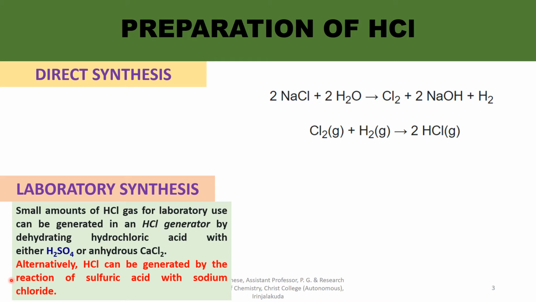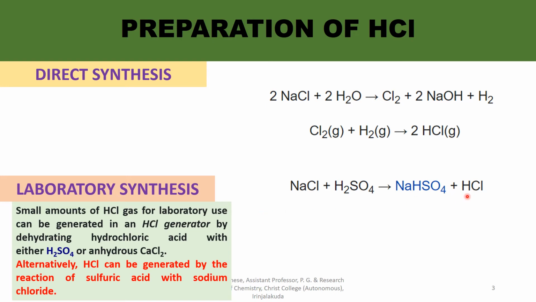Alternatively, hydrogen chloride can be generated by the reaction of sulfuric acid with sodium chloride. Sodium chloride and sulfuric acid react, forming sodium bisulfate and hydrogen chloride.